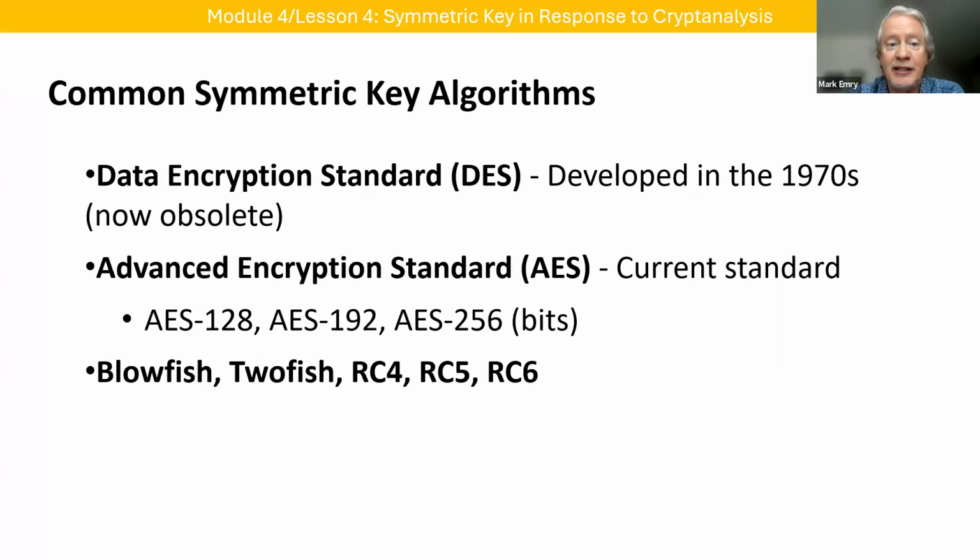That was broken in 1999. 128-bit AES has a key space of 2 to the power of 128. So even that is not practically breakable today. And we have a 256-bit AES, which is 2 to the power of 256, and that is considered quantum resistant.